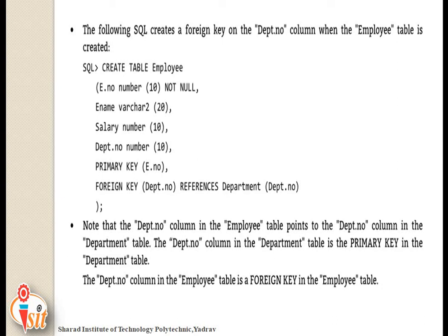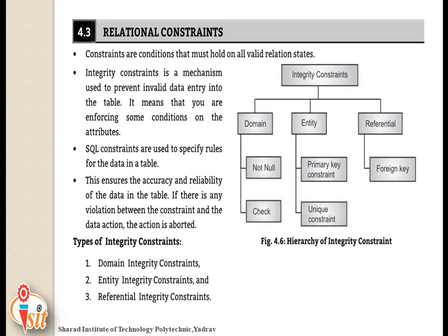The department number column in the department table is the primary key in the department table. The department number column in the employee table is the foreign key in the employee table. This is how SQL creates a foreign key on the department number column when the employee table is created.